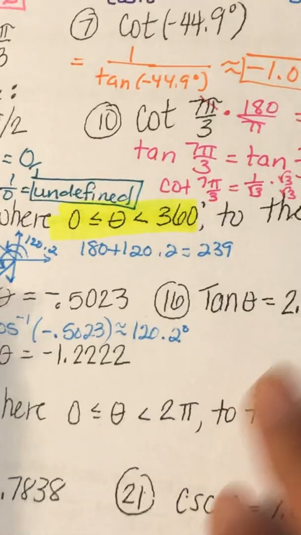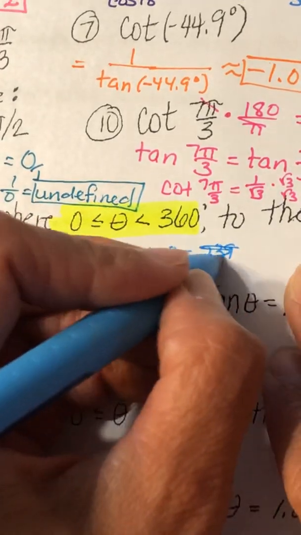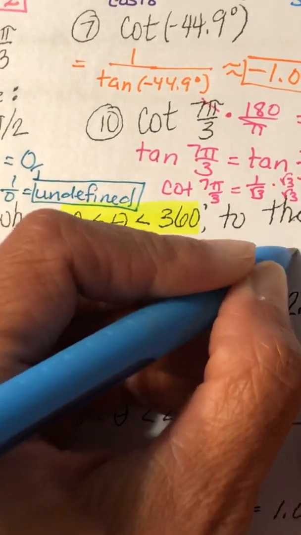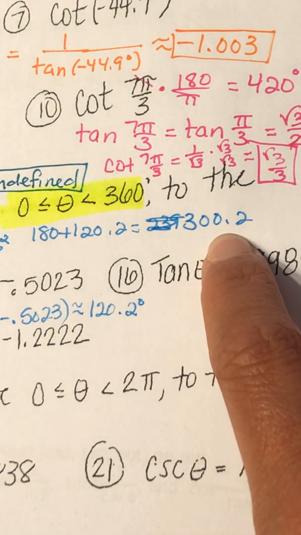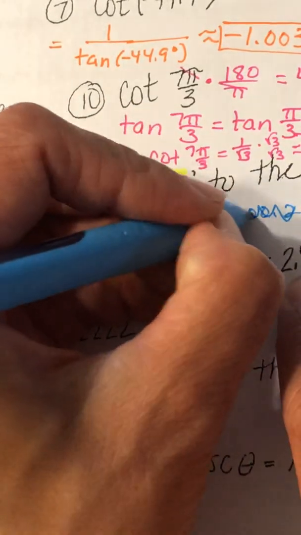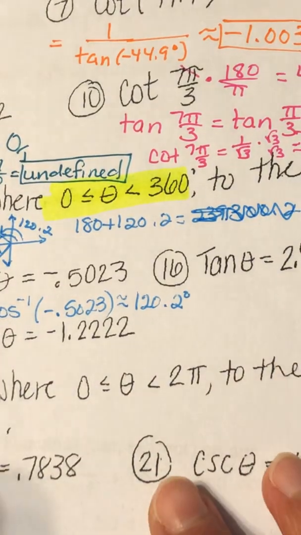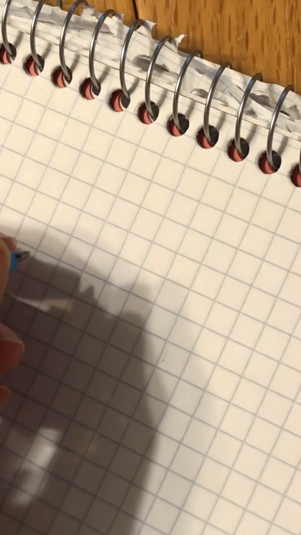No, it is right. It's 230, or it's 300.2. Sorry, guys. No, because that's not in the... I need a bigger piece of paper. That's why I'm trying to cram this up on a small piece of paper, and I'm making mistakes.